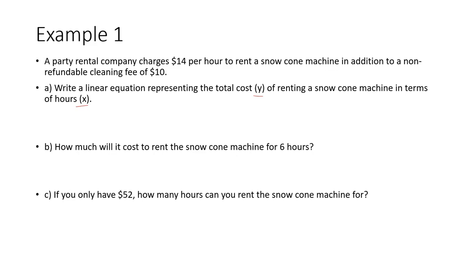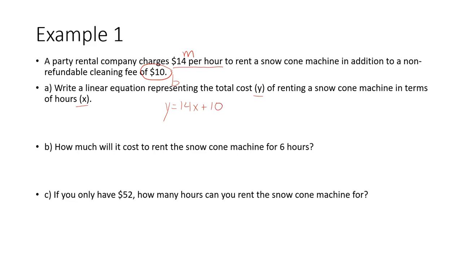We know we have to pay a fixed amount of $10 if we rent the snow cone machine, and so this is b. That's our intercept. For 0 hours, we still have to pay $10. The rental company charges $14 per hour, so this is our slope. And so to write the equation, y equals mx plus b, we have y equals 14x plus 10.